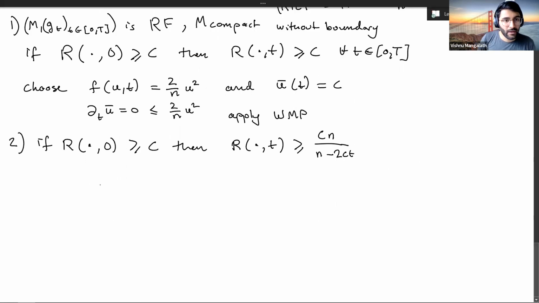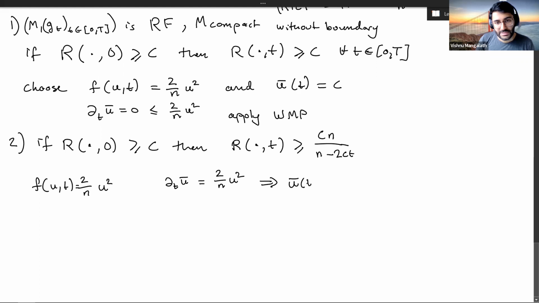For this one, again, f is given as 2/n u squared, but now u bar is chosen so that it solves this equation: partial t of u bar equals 2/n u bar squared, which implies that u bar of t is equal to cn/(n-2ct).